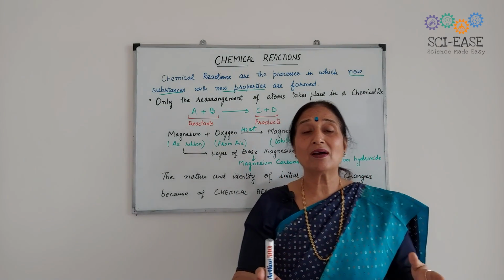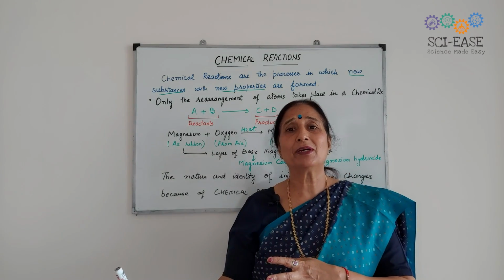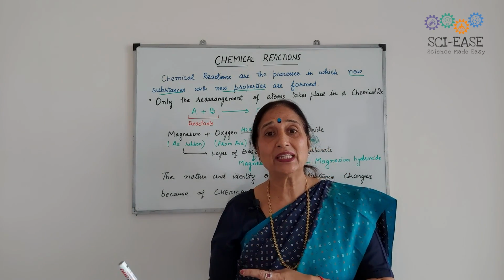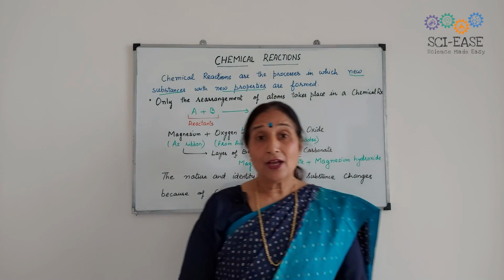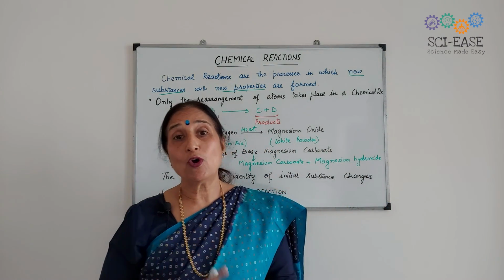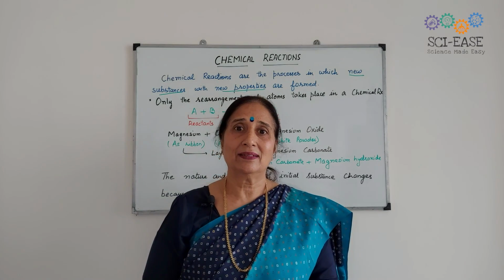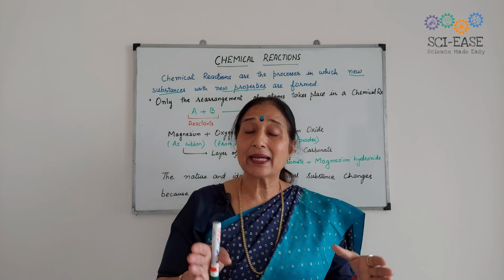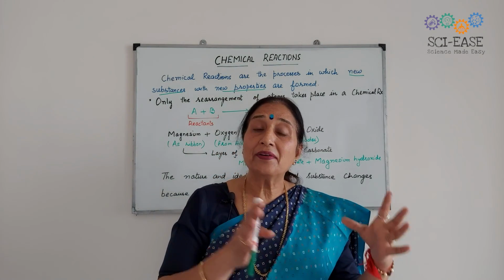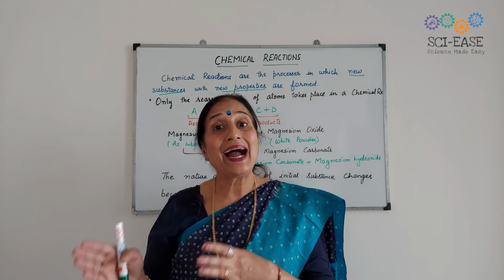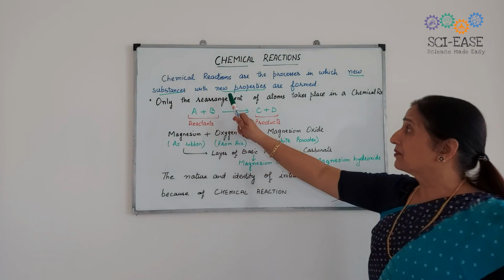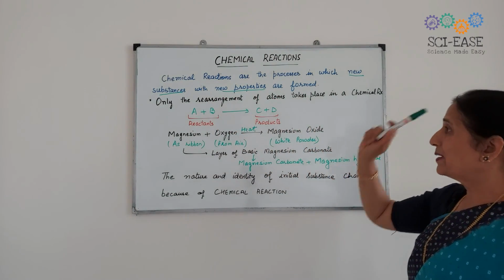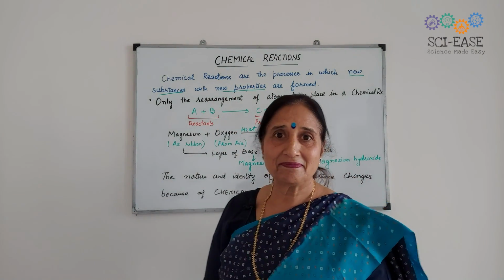Some new substance with altogether different properties is formed when the chemical reaction takes place. Now here, I want to tell you one thing, that during the chemical reaction, rearrangement of the atoms takes place. So mind it, only the rearrangement of the atoms takes place in a chemical reaction.